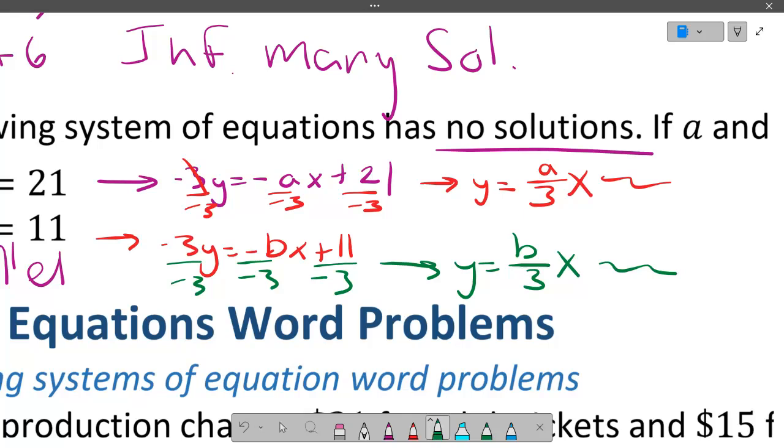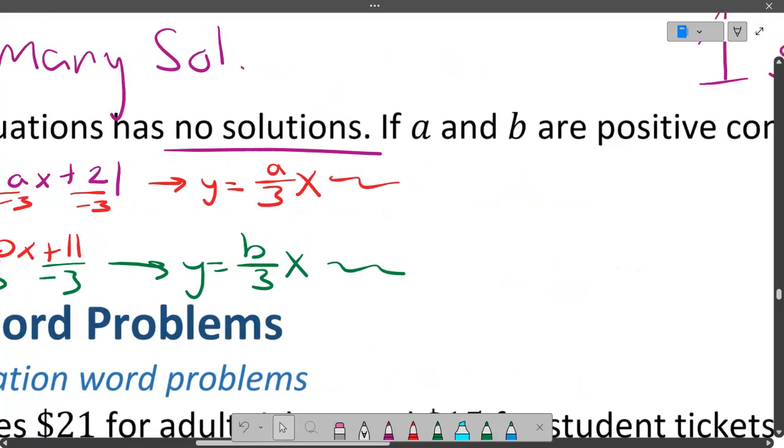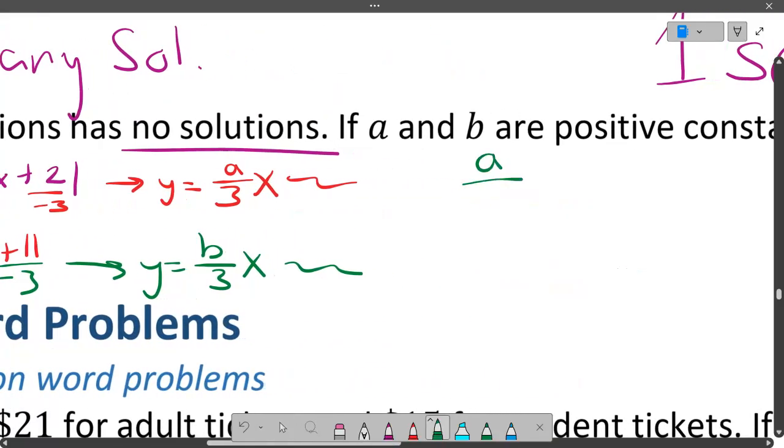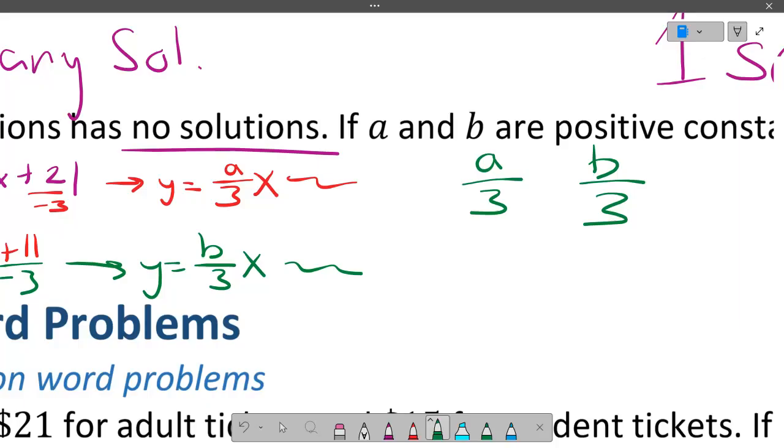What's the slope of the first equation? A over 3. And what's the slope of the second equation? B over 3. And what did we say has to be true about the slopes? They have to be the same. A and B are going to be positive integers, but the slopes have to be the same. So given that a over 3 and b over 3 have to be the same, what does that tell us about A and B? They have to be equal.